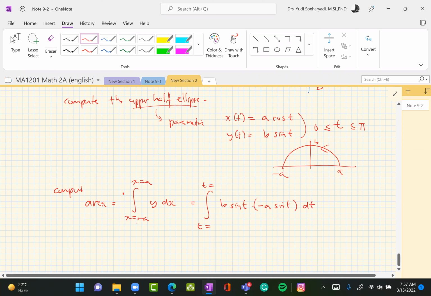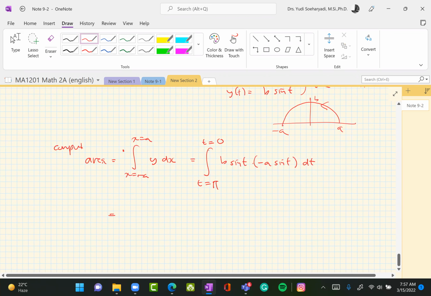This is pi, and this is from 0. In order to make this one thing, from 0 to pi, if you switch the bounds, then you have a negative, but that negative will make this positive. So just ab sine squared t dt.